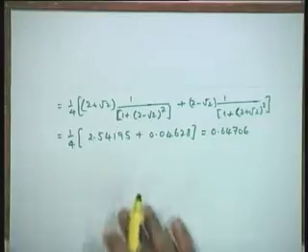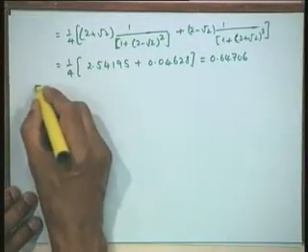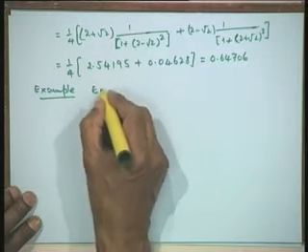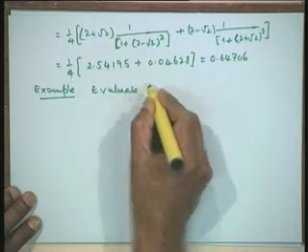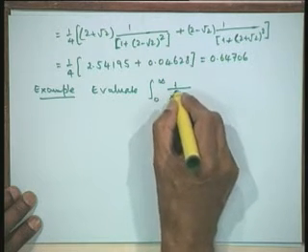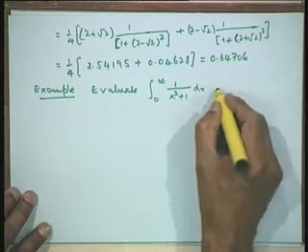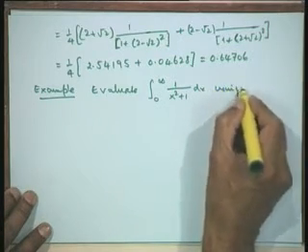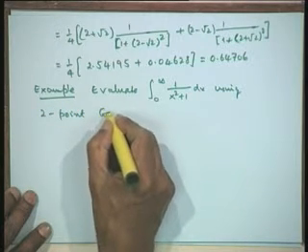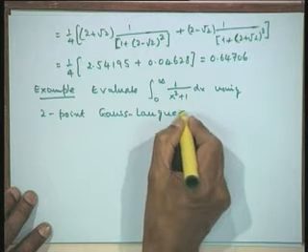Now, let us take an example in which the weight function is not provided in the suitable form. Evaluate the integral 0 to infinity 1 upon x squared plus 1 dx using the 2 point Gauss-Lagrange formula.